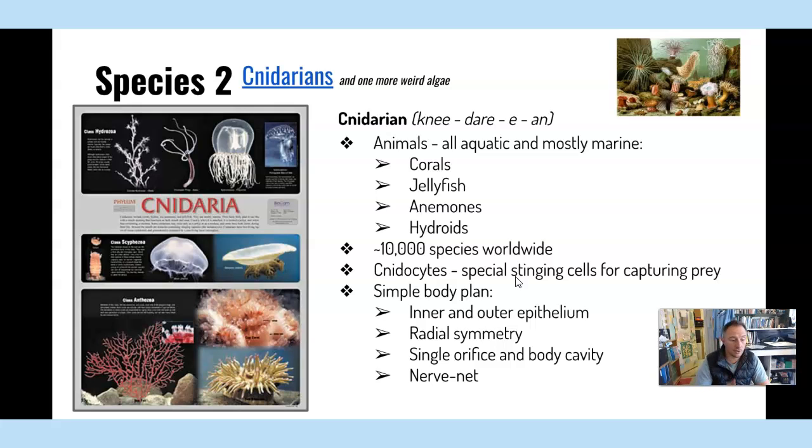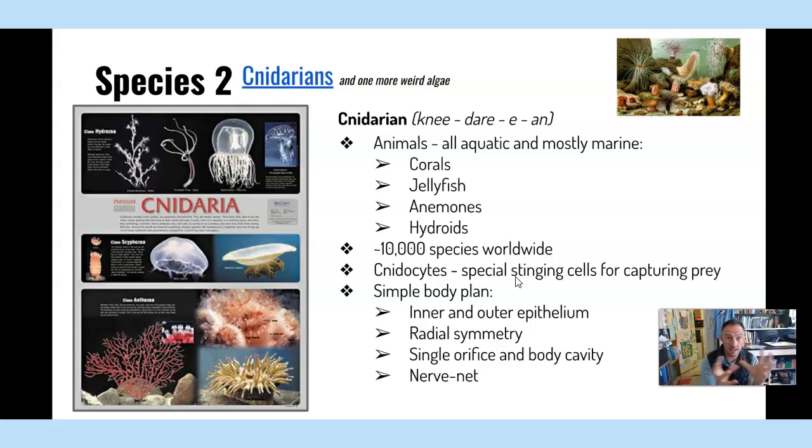They're radial, circular, and they have a single orifice body cavity. So basically what goes into the stomach sac, and then they digest it, and then they spit it back out. So their mouth and their butt are the same thing. And they have a nerve net, so they have nerves kind of around in this net-like feature, but all those nerves don't go back and communicate to kind of one central processing station or a brain.